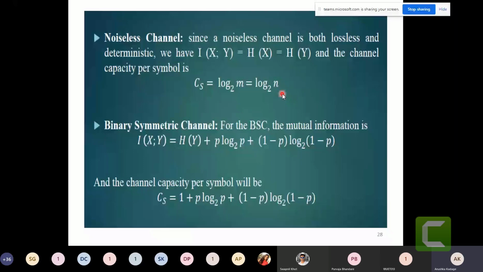That means if I say 0 is transmitted and 0 is received with the probability of p, then 0 is transmitted but 1 can be received with the probability of 1 minus p, and the vice versa case is also possible. And that's why, for obtaining the H(Y/X) value, it should be p log p plus (1 minus p) log (1 minus p).